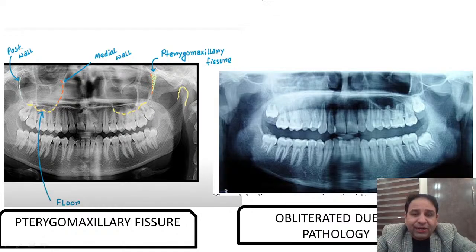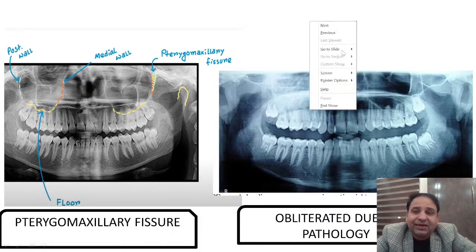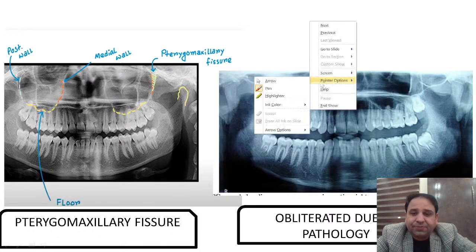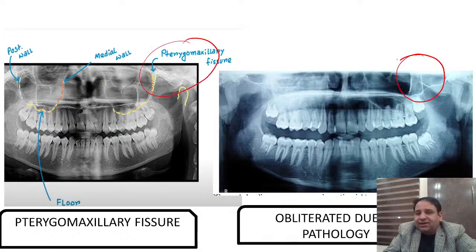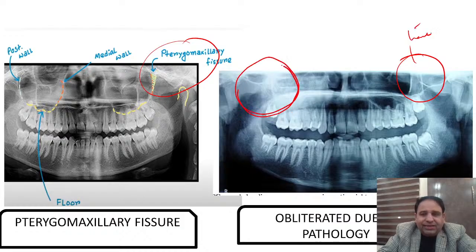On the left side I can trace it, students. Look carefully now. This is your pterygomaxillary fissure, and here it is traceable. You can still trace it. But can you trace it clearly here?